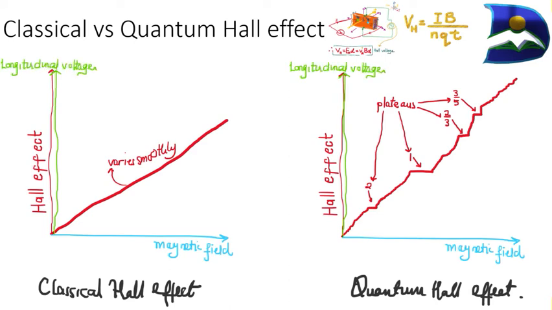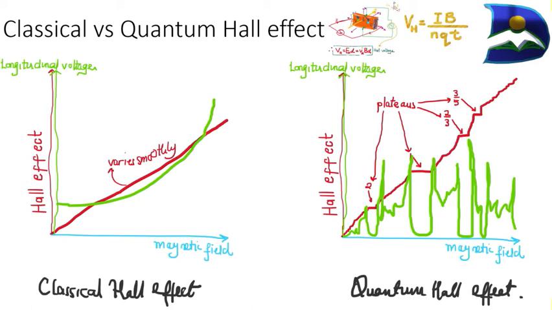Due to the longitudinal voltage, the classical Hall effect has a smooth curve with a proportional variance. In the quantum effect, we have a couple of spikes, and from the spikes you can see that the Hall effect's relationship with the longitudinal voltage shows that the plateau on that Hall effect is due to the zero voltage at the longitudinal voltage.